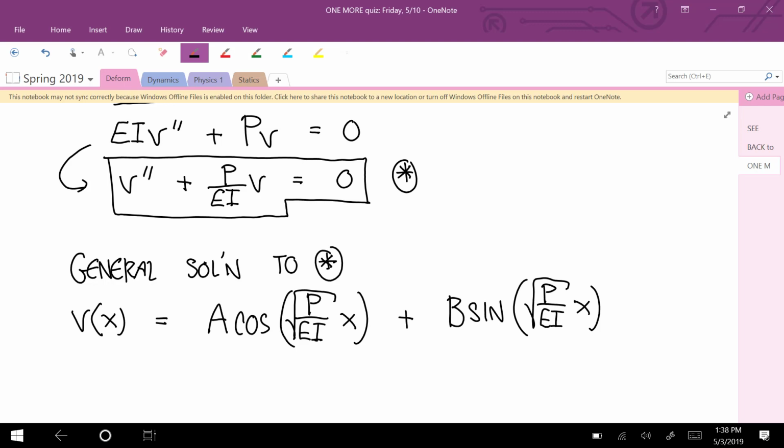And we have two constants we need to figure out.